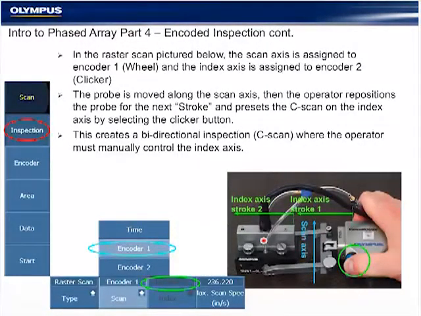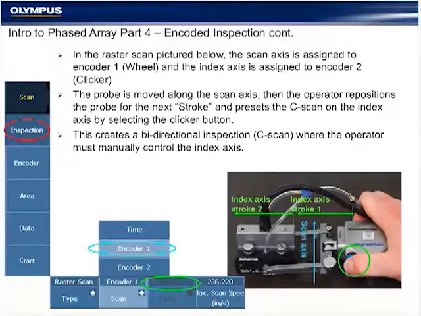In most of these applications, using 1 millimeter pitch probes and a small A-scan aperture, we could get anywhere between about 40 and 60 millimeters of coverage on the index axis per stroke, we would call it. Index axis stroke 1, click the button, move the probe, index axis 2, and continue building the C-scan manually.